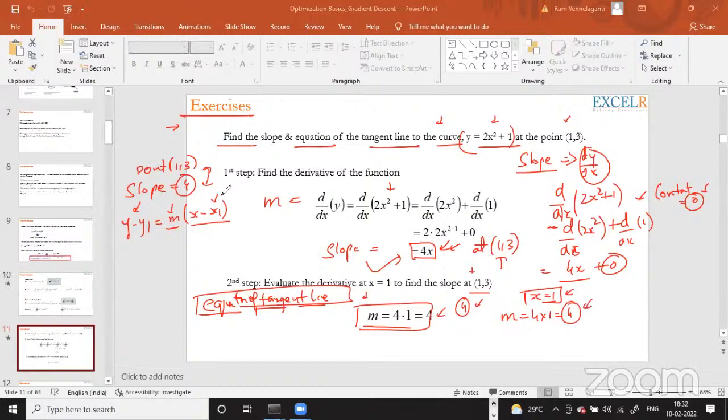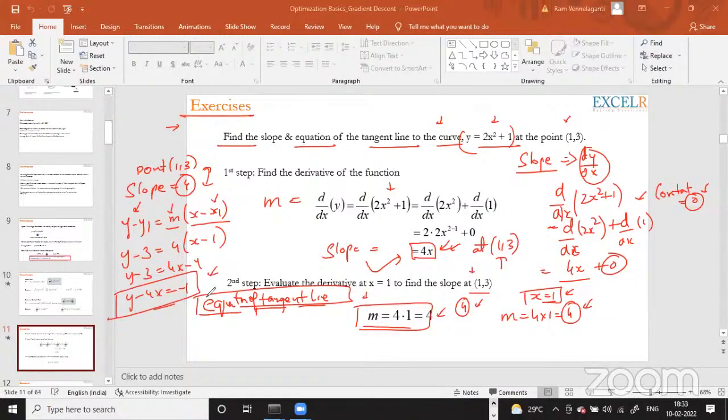This is the equation for your tangent line with slope value equal to 4 and point 1 comma 3. So what are you going to do? What is y1 here? y minus 3 is equal to slope 4 into x minus 1. So y minus 3 is equal to 4x minus 4. y minus 4x is equal to minus 1.